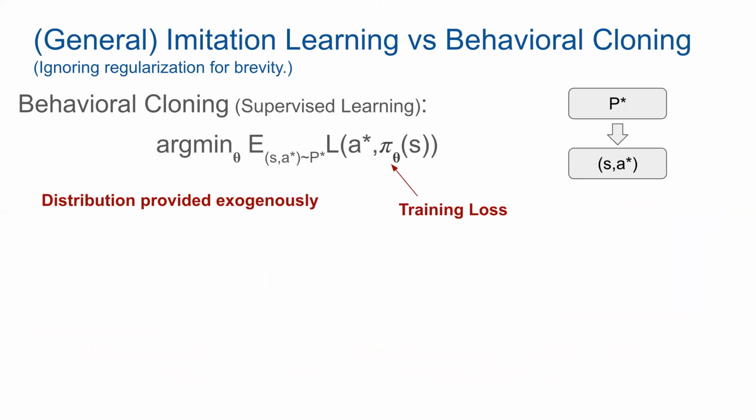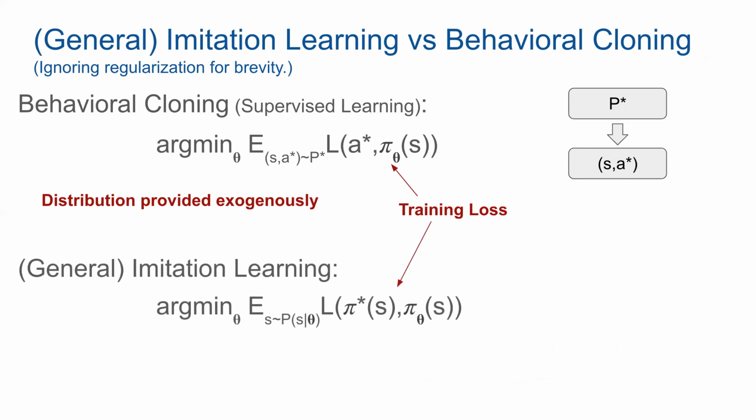More generally, in imitation learning, we care about the distribution induced by our own policy. So, given the states visited by our own policy, that's in the bottom objective, how does the decision making of our policy deviate from the expert's for those states?